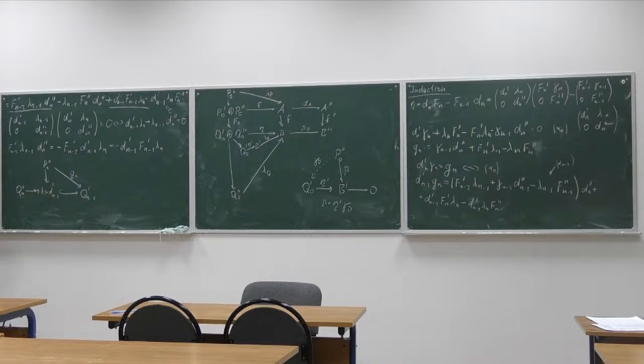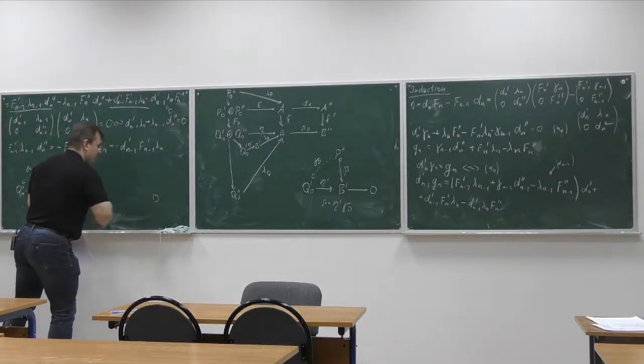Now, I use that this is projective, hence there is a lift of this map, and this lift is exactly gamma_n. That's exactly what I want, because if I take the composition of gamma_n with the differential, I'll get this map, which is in fact this map. So I solved that equation for gamma_n. End of the proof.